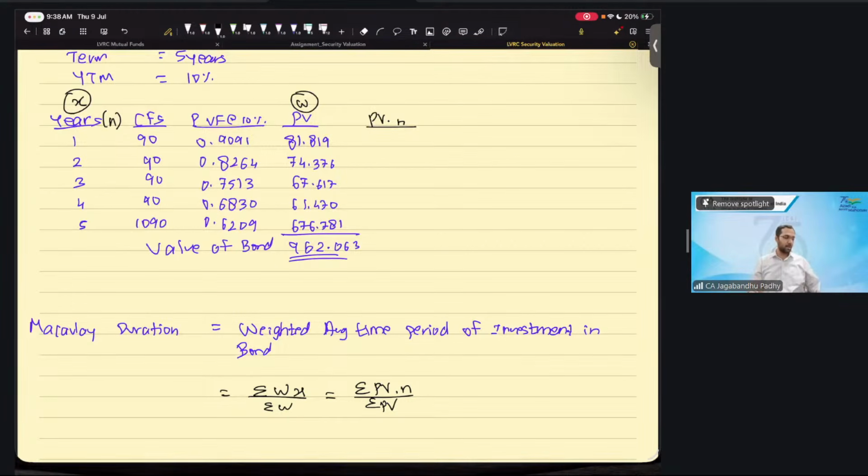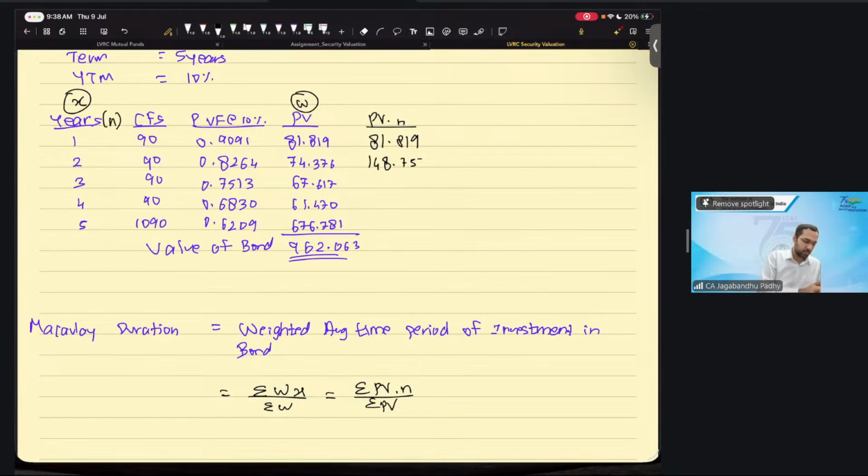Let's multiply and get the values. Present value into n: 81.819 into 1 is 81.819. Then 74.376 into 2, which is 148.75.